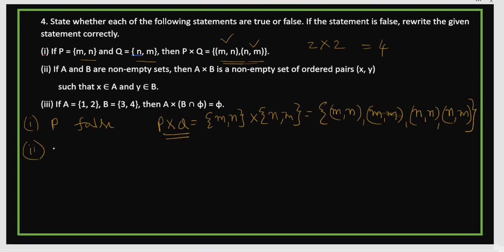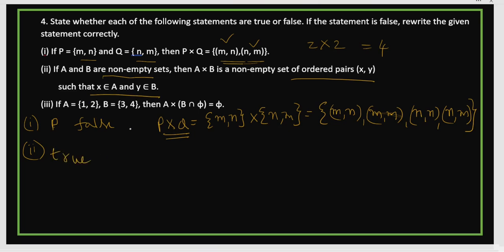Second one: if A and B are non-empty sets, that means some elements are there in the sets, then A cross B is a non-empty set of ordered pairs (x, y) such that x belongs to A and y belongs to B. This is clearly true.